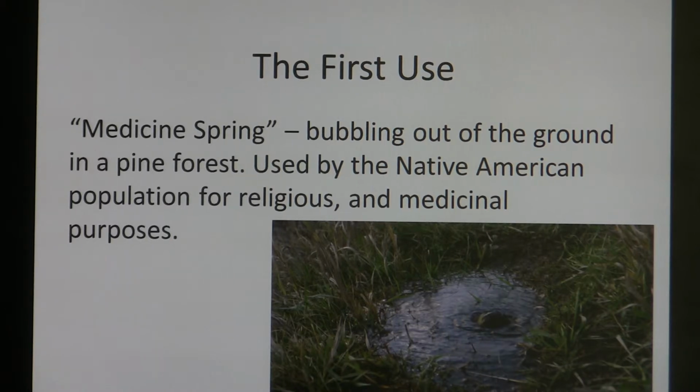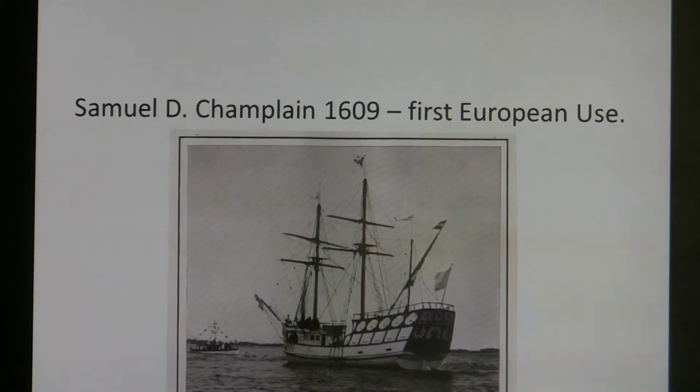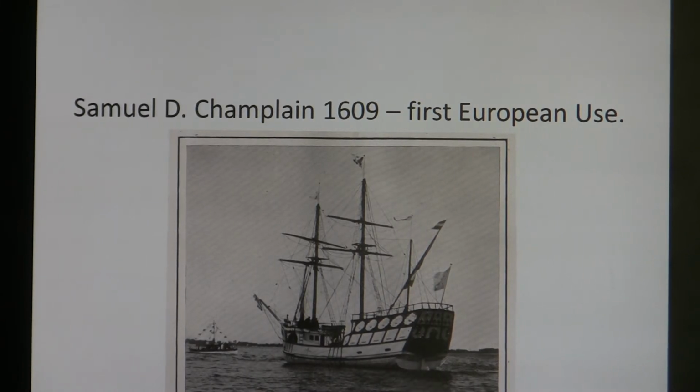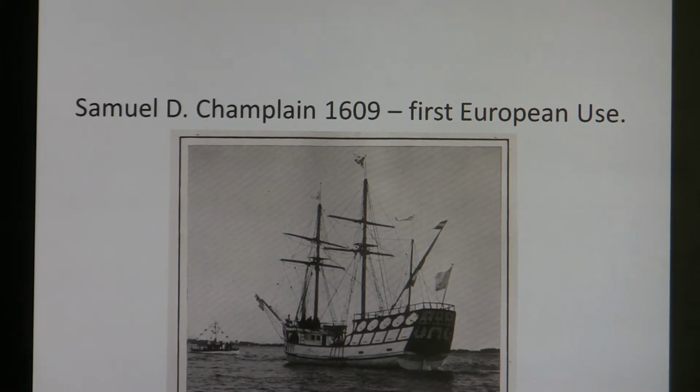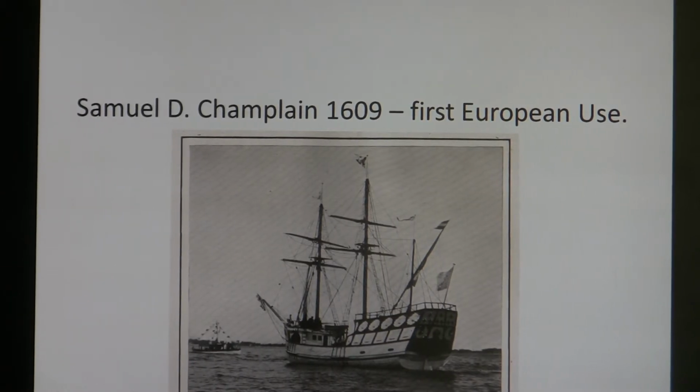It was known to them, and they had been using it for some time, when the first European showed up on the premises to any degree, and that was Samuel Champlain in 1609.